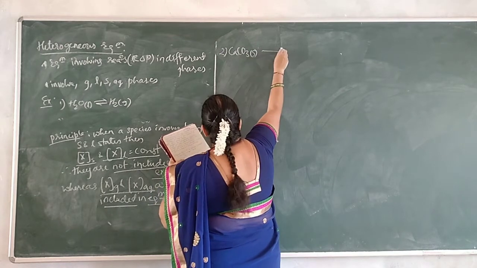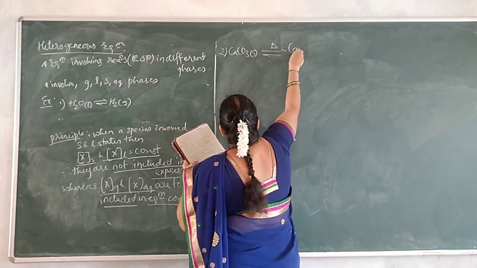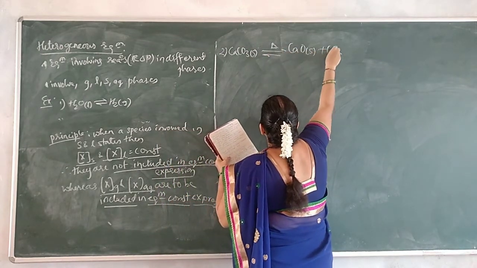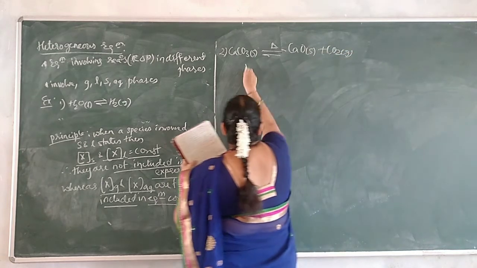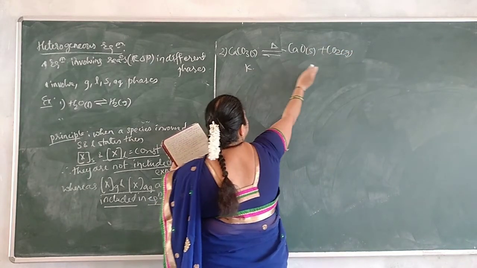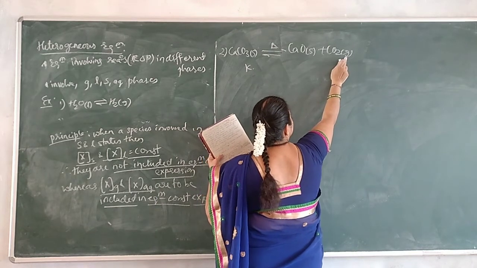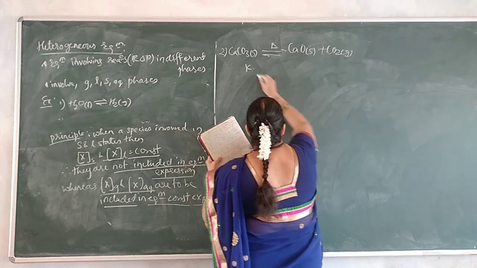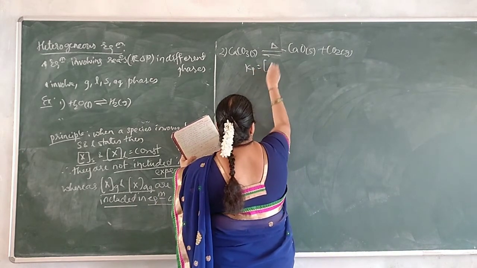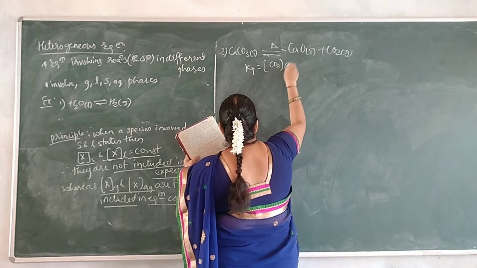CaCO3 solid reversibly giving rise to CaO solid plus CO2 gaseous. Since a gas is there, we represent K as Kp, which is equal to the pressure of CO2 gaseous.